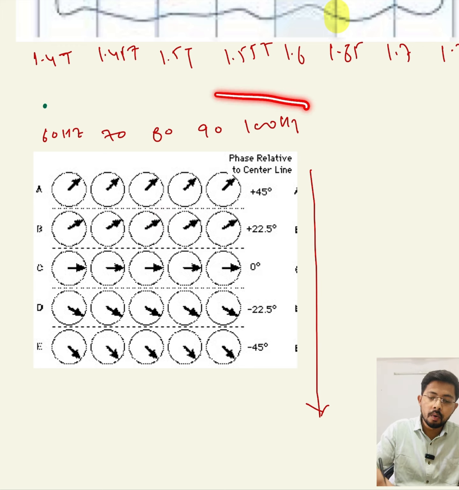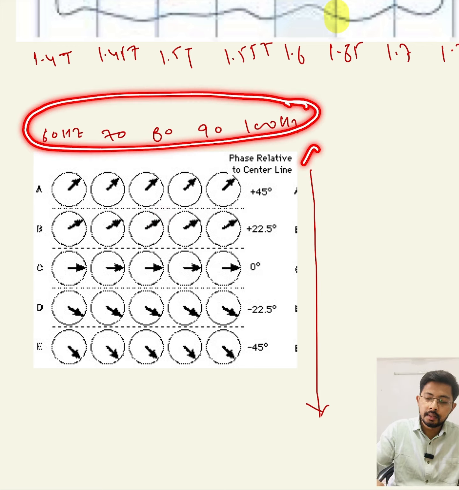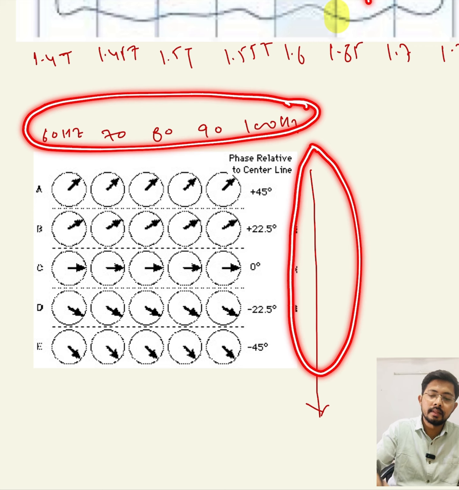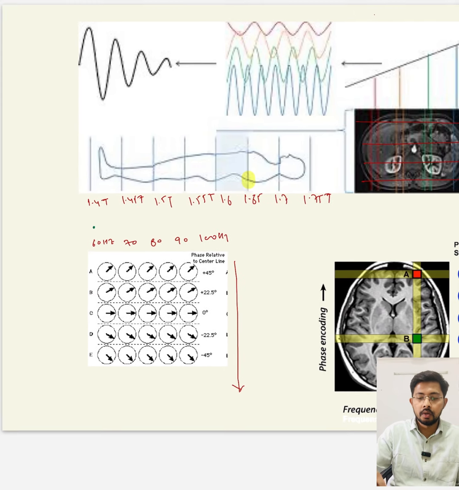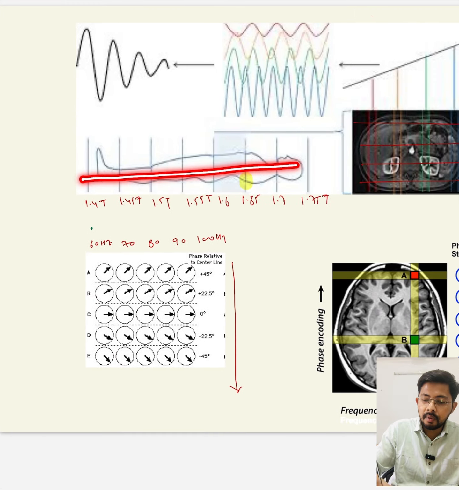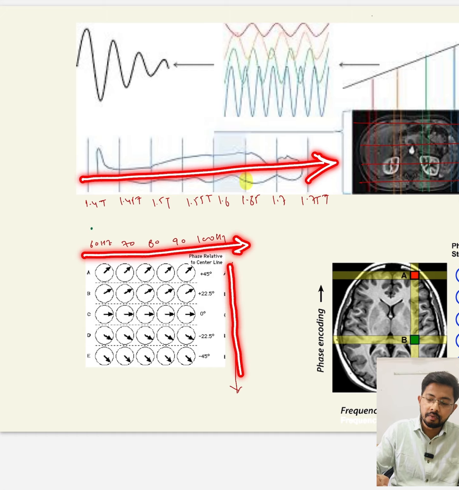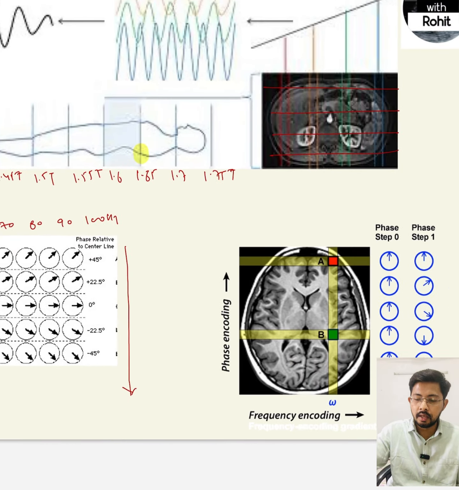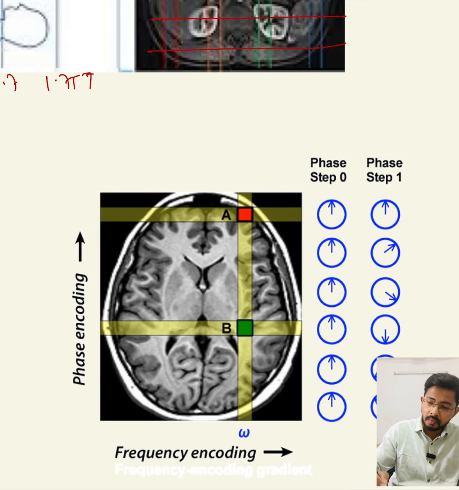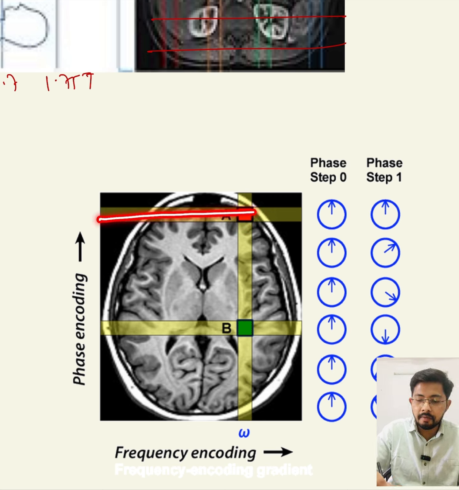So this is our frequency encoding, this is our phase encoding and this is our slice encoding. Slice encoding we give along the z-axis, frequency along the x-axis and phase encoding along the y-axis. Here is one more example. If we want to localize this particular proton, or this particular part of the slice, we first give the frequency encoding.